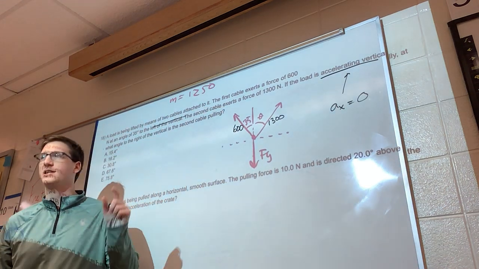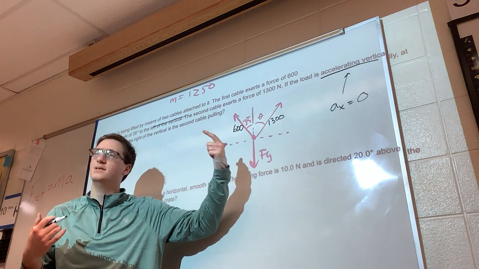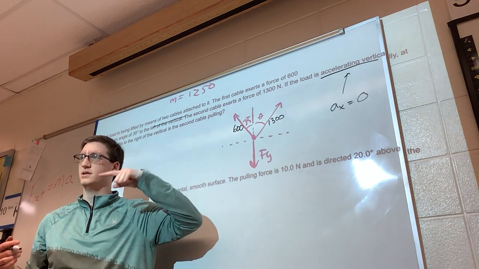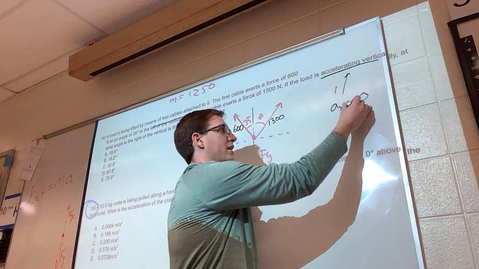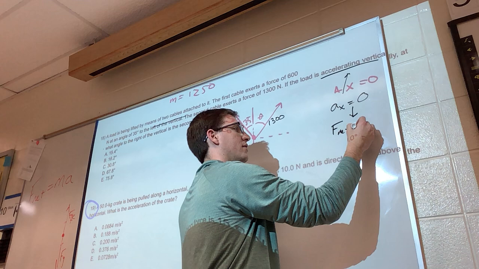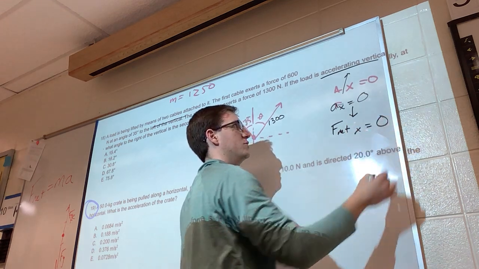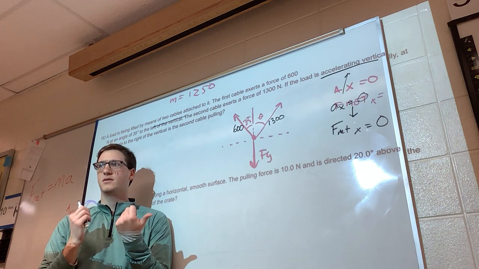It's a little tricky. They tell me that it's accelerating vertically, and what I get from that is that it's not accelerating horizontally. And so if ax equals 0, then Fnet x equals 0. Nobody's winning side to side.